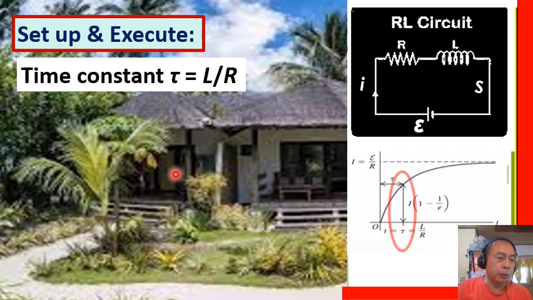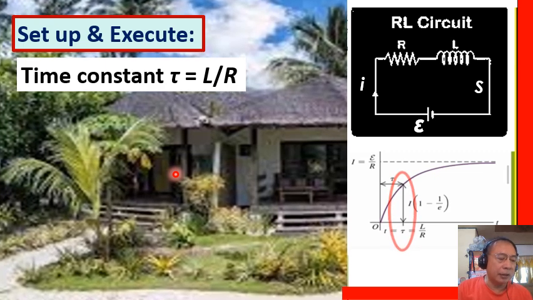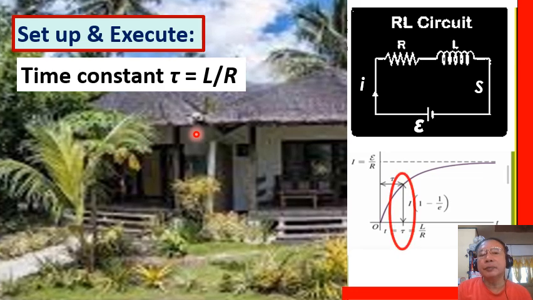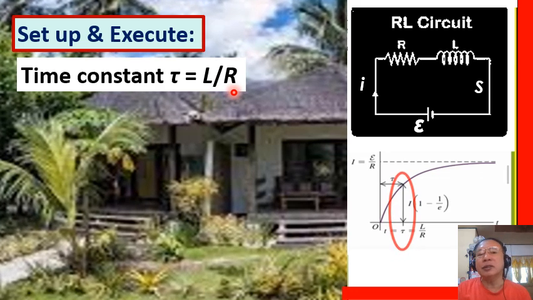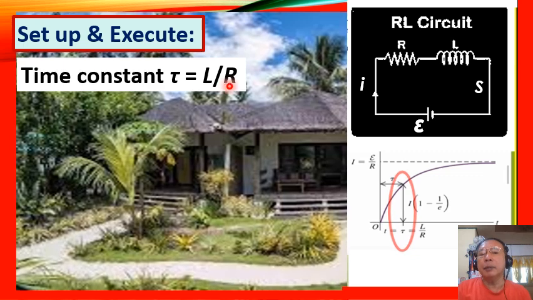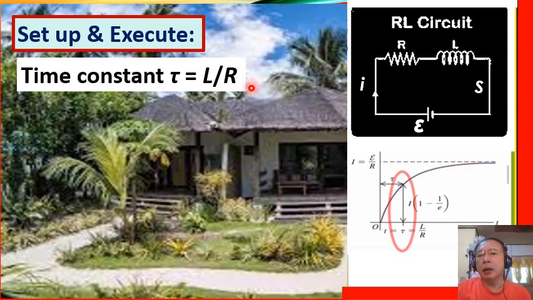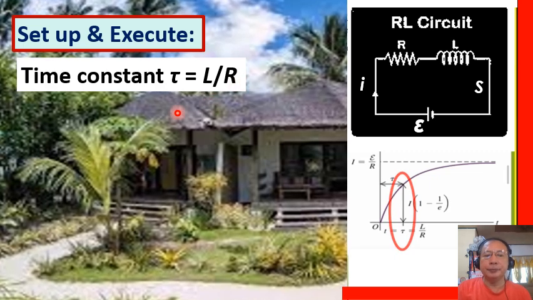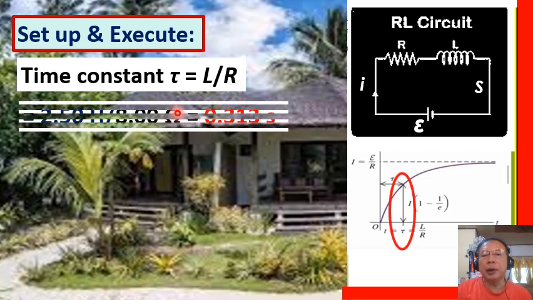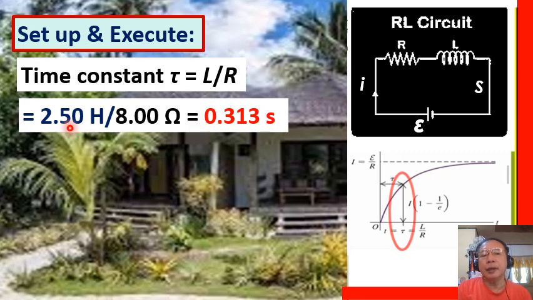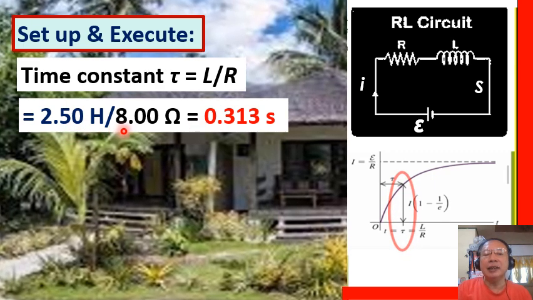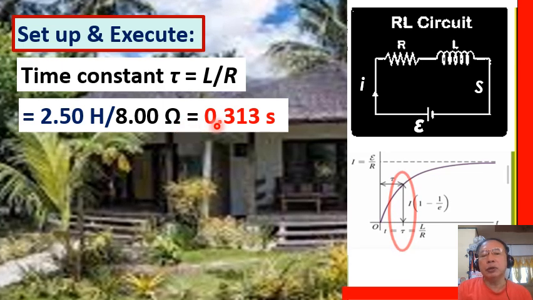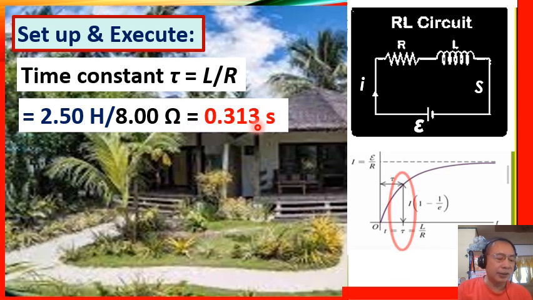So this so-called time constant in an RL series circuit is just the amount of the inductance, big L, divided by the amount of resistance in the resistor, big R. And in this problem, the time constant is 2.50 Henry divided by 8.00 ohms, which is equal to 0.313 seconds.